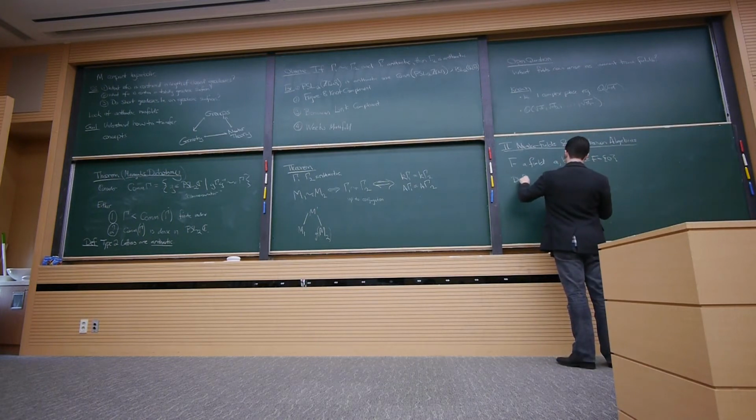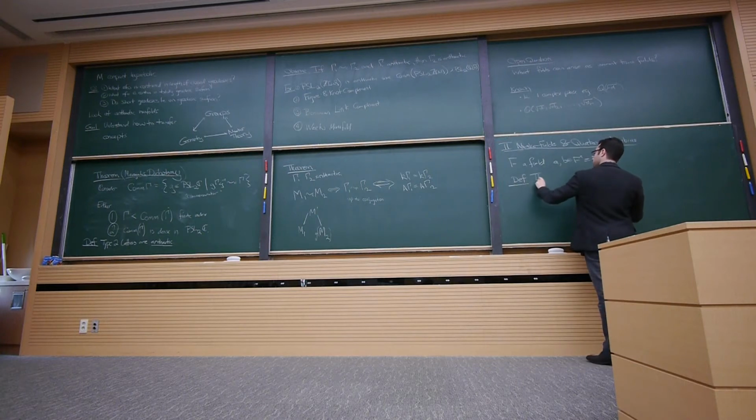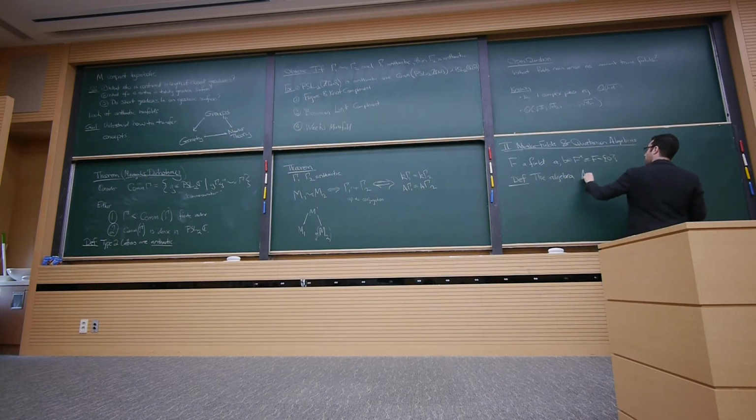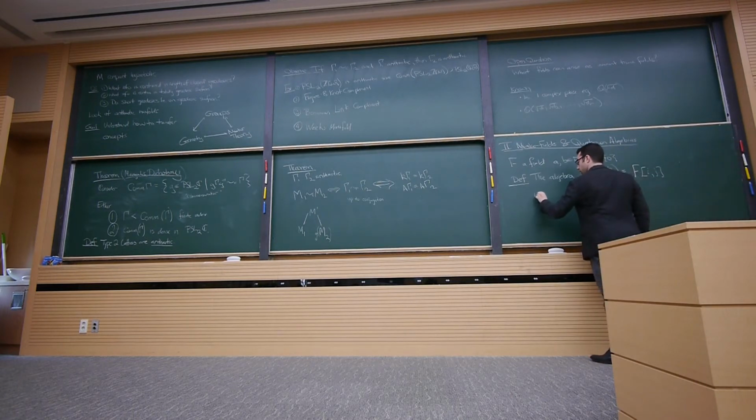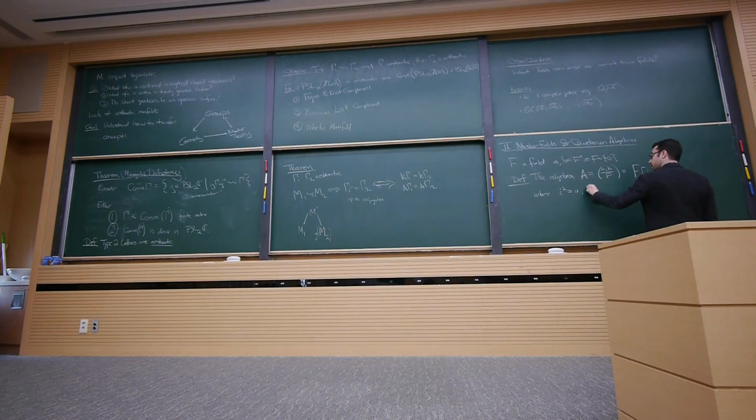So definition, the algebra, which we define using these symbols, (A, B) over F, is equal to F adjoin two symbols I and J, where I squared is equal to A, J squared is equal to B, and IJ is equal to negative JI, so they anti-commute.